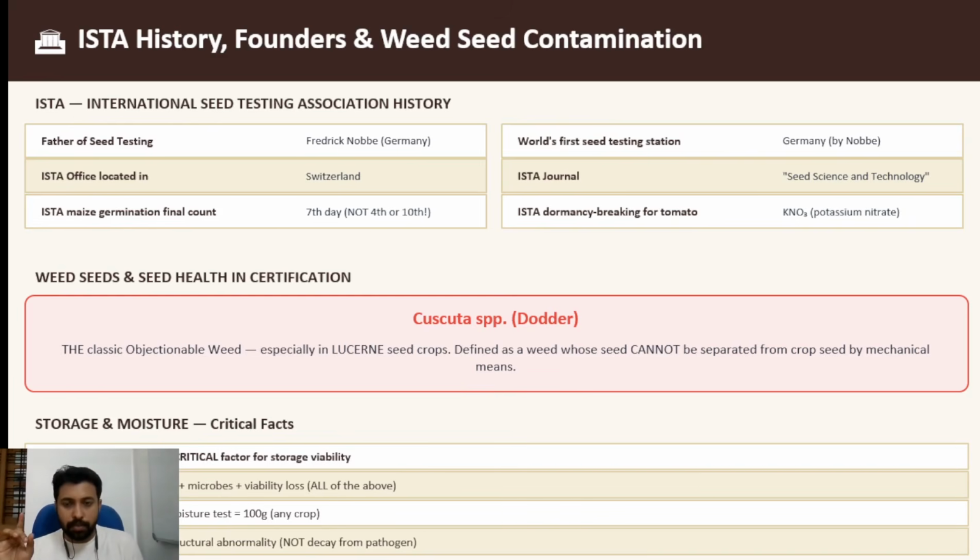You also need to study the ISTA standards, which are all the standards that ISTA has set for ensuring seed quality. Then comes one of the most important parts, an easy but important part: the weed seeds and the contaminations. Whenever you produce seeds, there will be some contaminations.